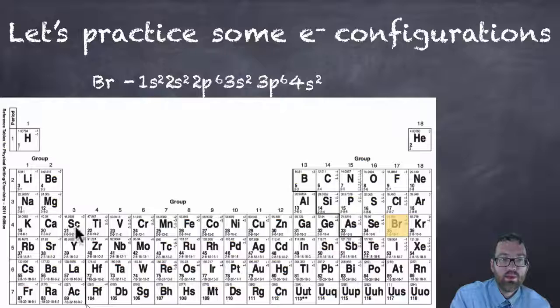Now we are in the d block again. Remember, we fill up one less than the period number, so 3d, and we have all of them, which would be 10, would bring us to zinc. Now we are back in the p block, and we are still in the fourth principal energy level, so we write 4p, and we have 1, 2, 3, 4, 5. 4p5.